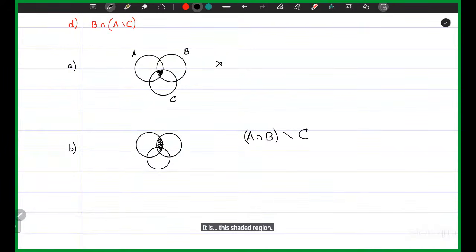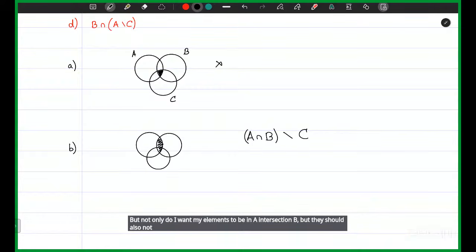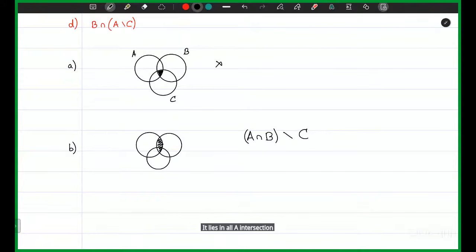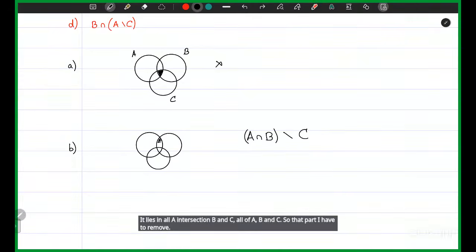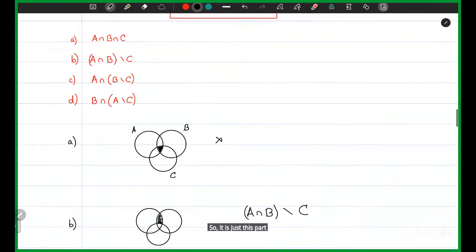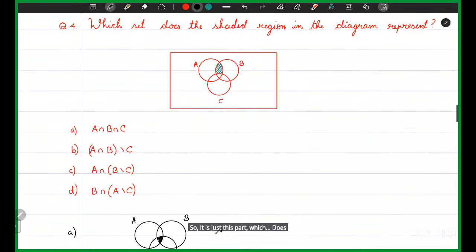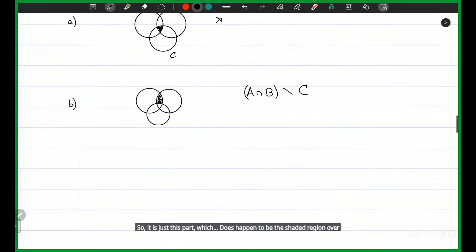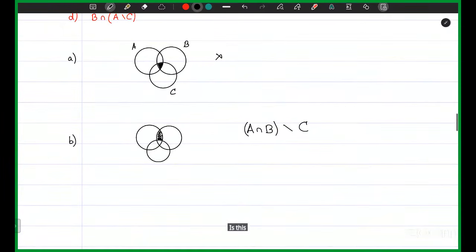But not only do I want my elements to be in A intersection B, they should also not be in C. What I have shaded includes a part lying in all of A, B, and C. So that part I have to remove. So it is just this part, which does happen to be the shaded region over there. Is this clear? Yes, sir.